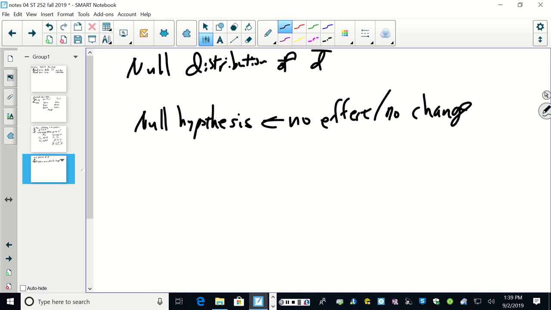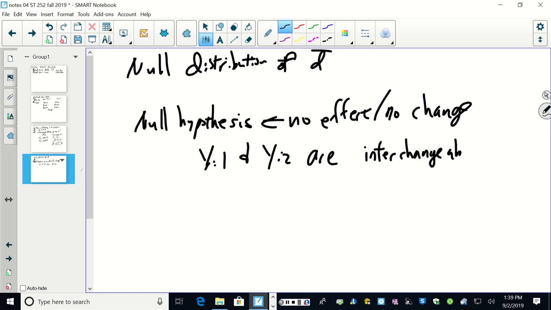So yi1 and yi2, the two measurements for a person i, are in that sense interchangeable, in the sense that you could switch them, and that would be a perfectly valid sample under the null hypothesis.